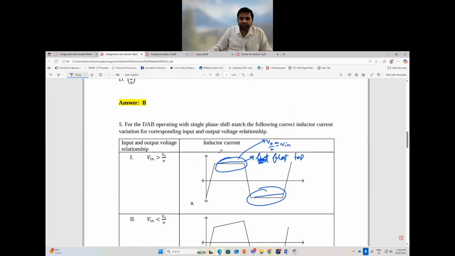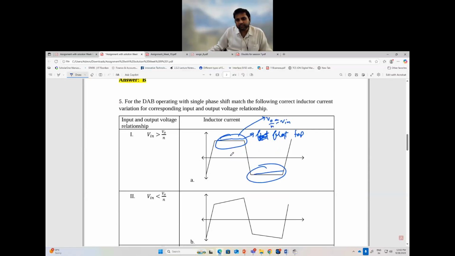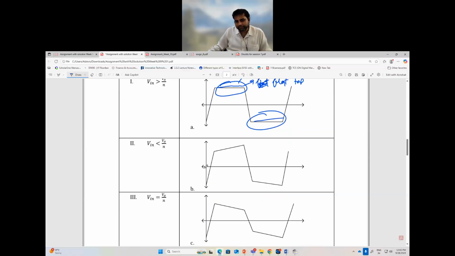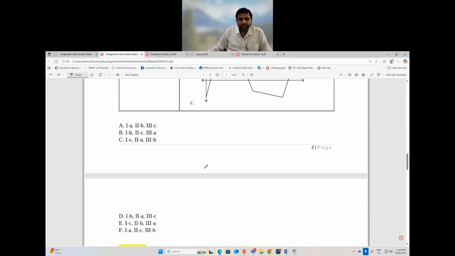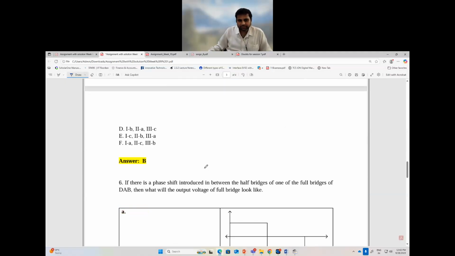So it is nothing but your flat top kind of transformer current, or you can say inductor current, and that's when you will get V in equal to V naught by N. So the correct option is B, which is shown over here.